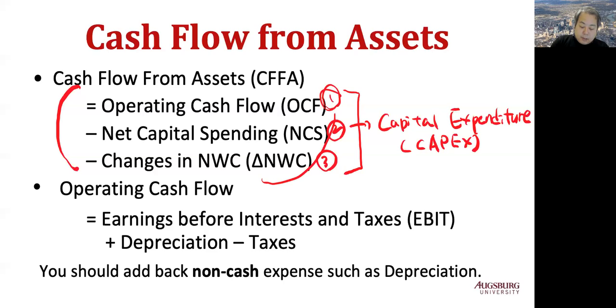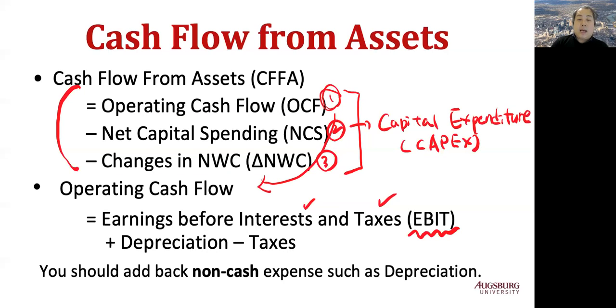The first component is operating cash flow, can be calculated by this formula. So starting with the EBIT, which is earnings before interest and taxes, is income only before, so you subtract all the costs except the interest and taxes.